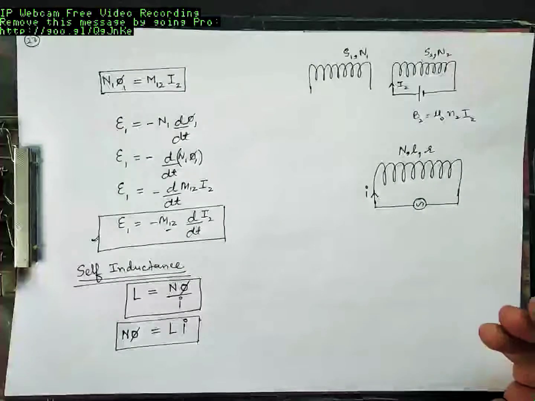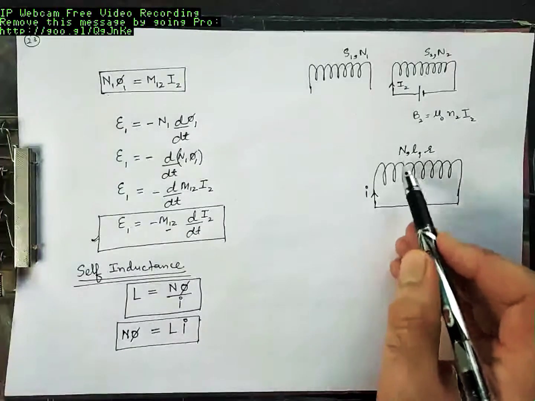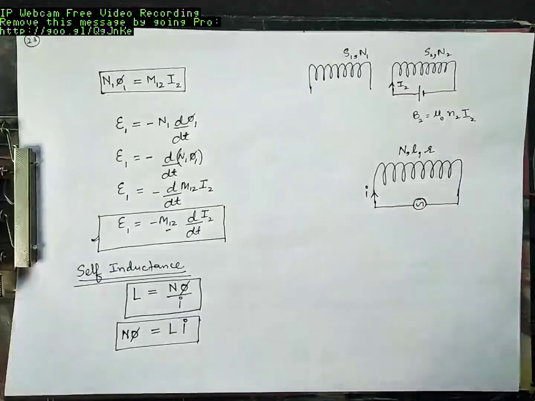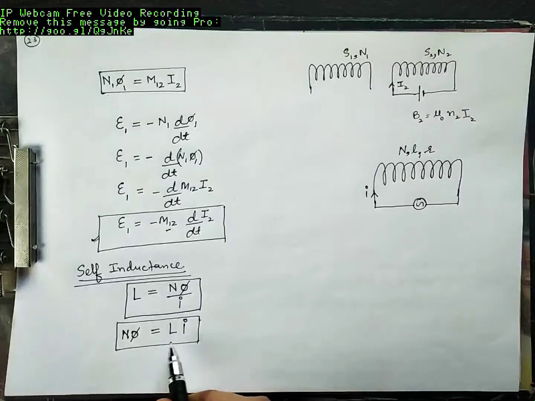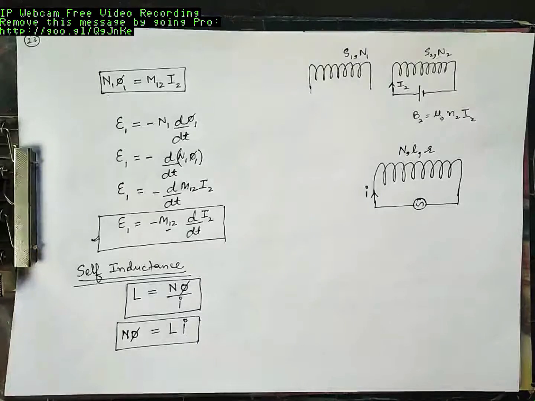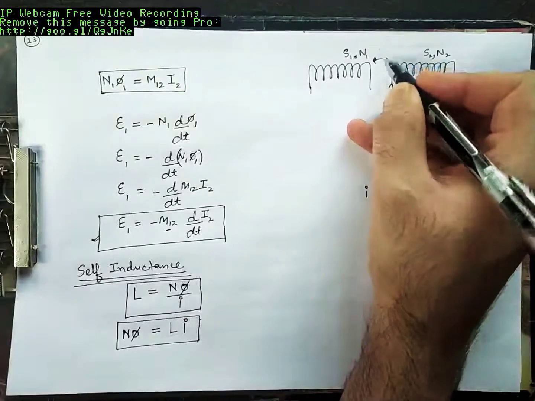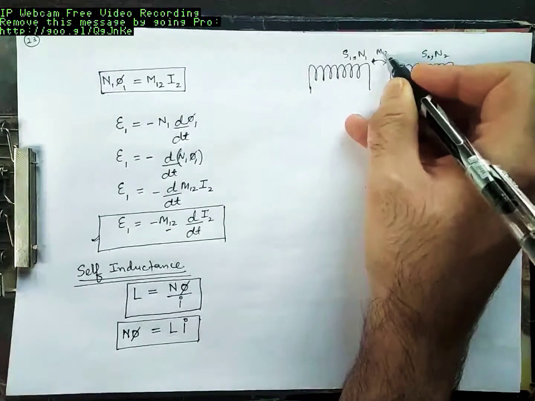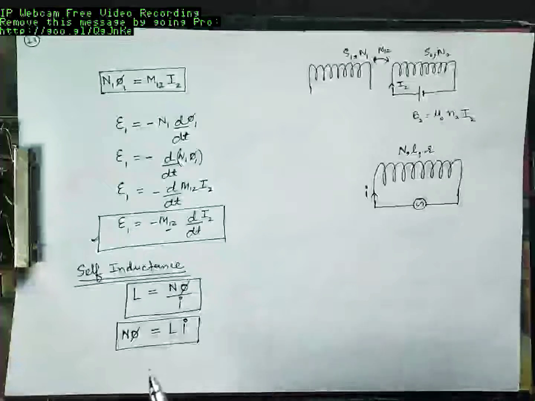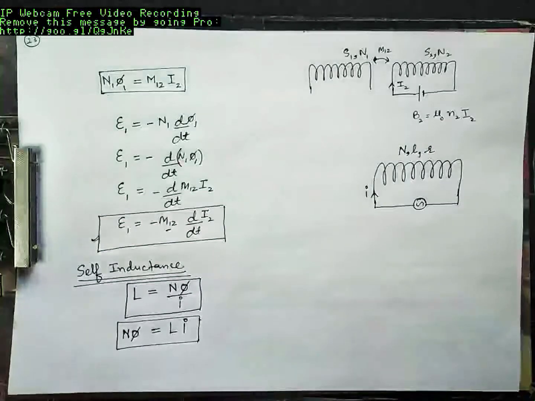If current is less, the magnetic field will be weaker, so flux will be less. Total flux is proportional to current and a constant L. Yesterday, we derived the expression for mutual inductance between two coils, M12 and M21. Today, I want to derive the expression for the self-inductance L.